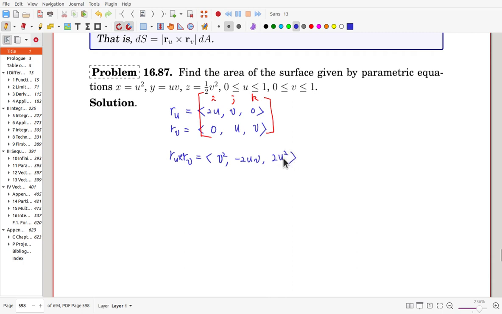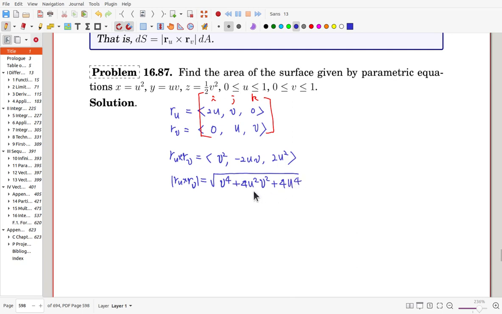Right. Okay. Now, for that one, the length of R sub u cross R sub v is the square root of the sum of squares, which is the square root of v to the 4 plus 4u squared v squared plus 4u to the 4.